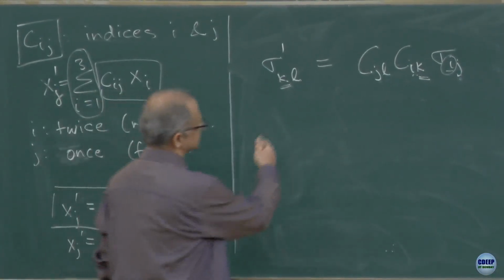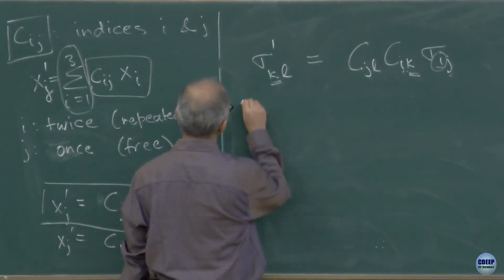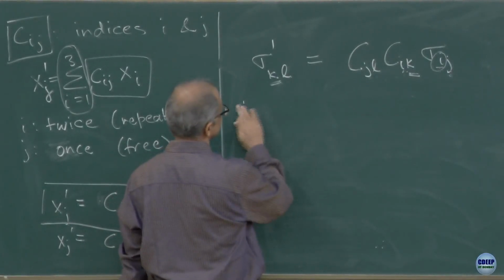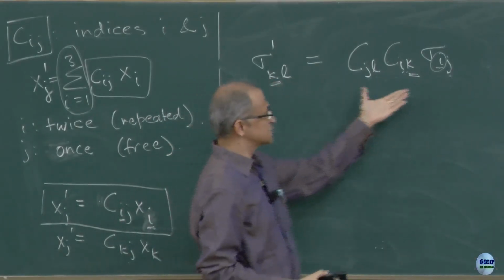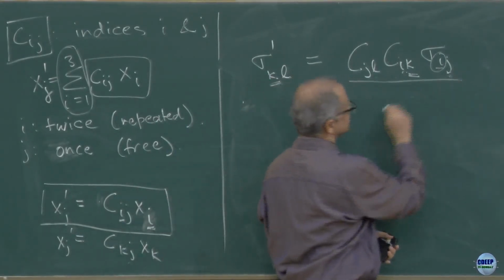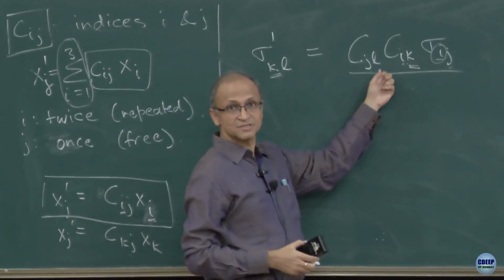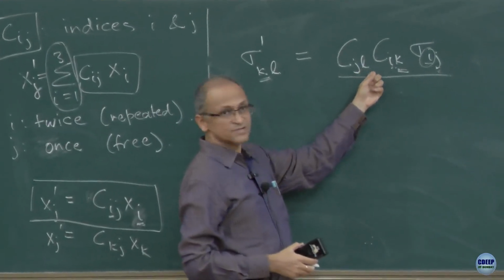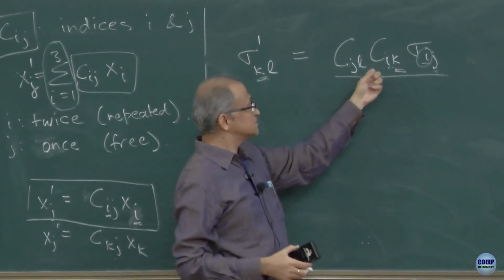So let us see how the stress matrix transforms. So where do I start off? Maybe we can check very quickly what sort of a tensorial equation this is. The term on the right hand side is this term. What indices are here? i, j, k, l.